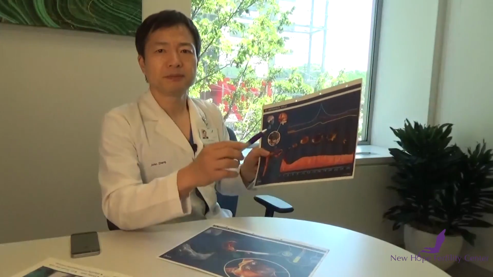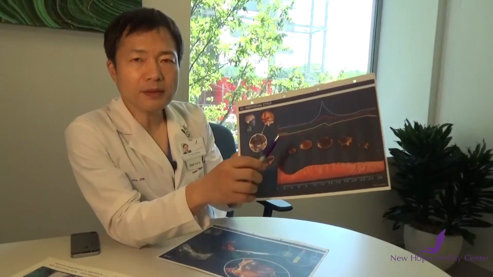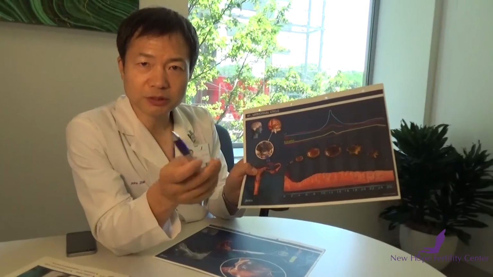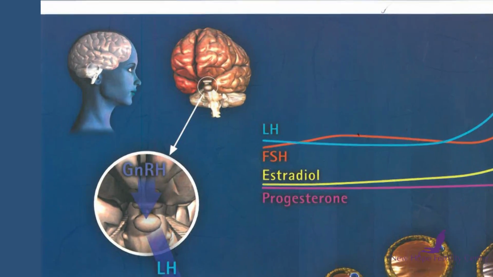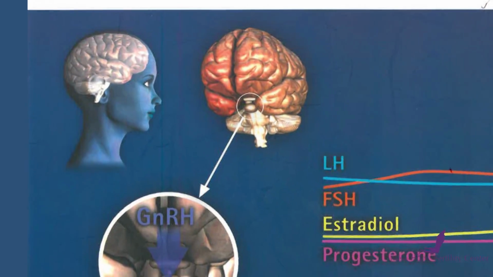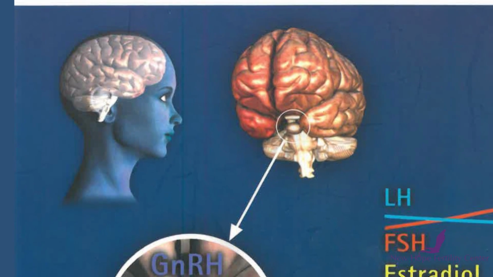So in this picture, let's see if we can zoom in a little bit so you can see better. This picture shows the typical physiology of reproduction.